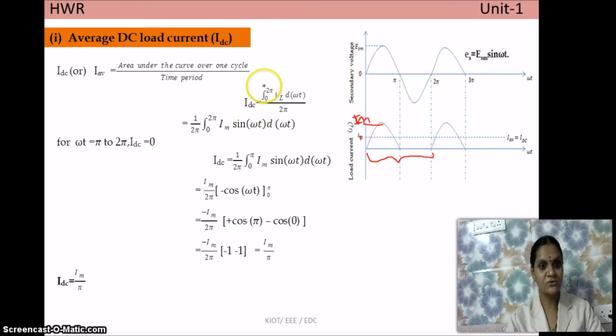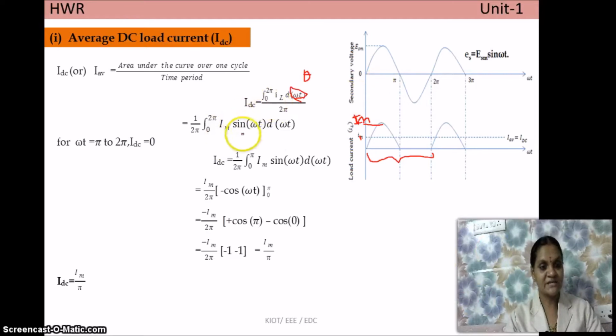What waveform are we taking? The load current waveform, IL, and we are integrating it, d omega t by 2 pi. On the x-axis we are considering omega t, so we take omega t, not theta.